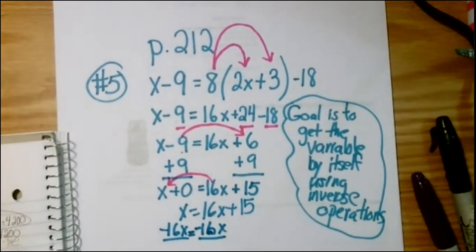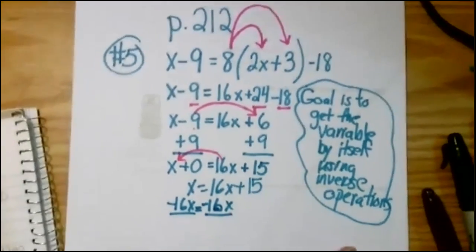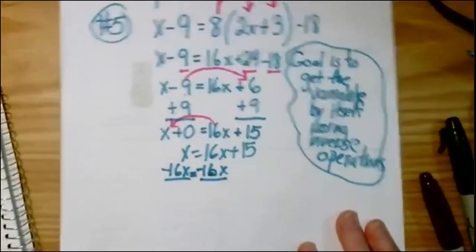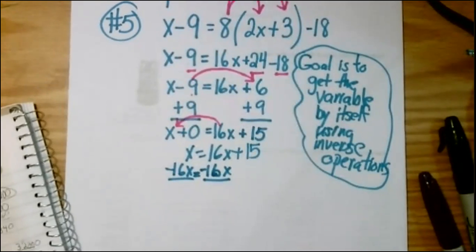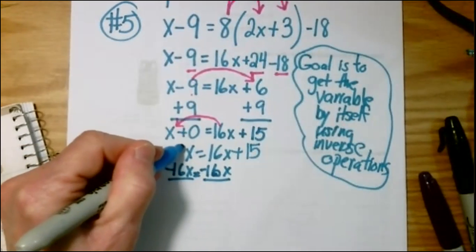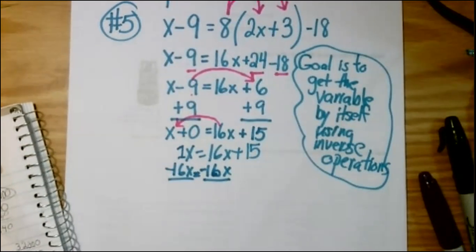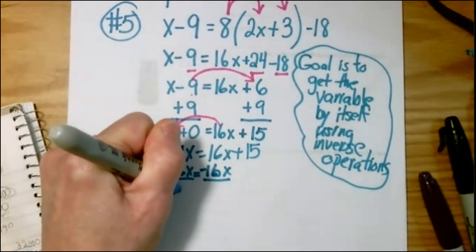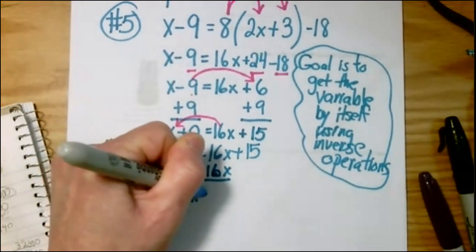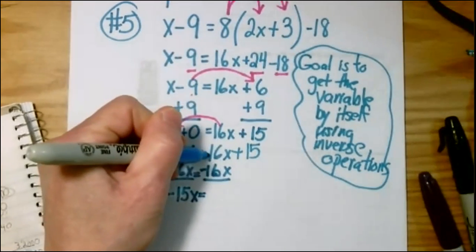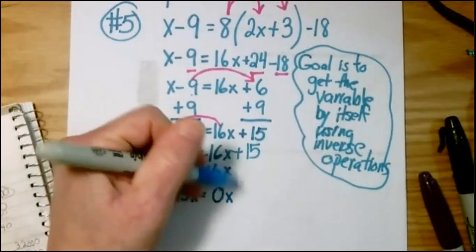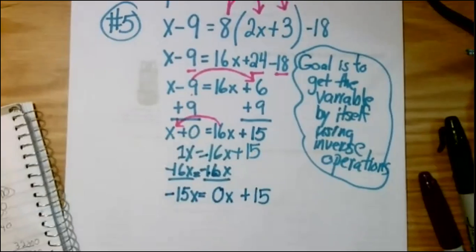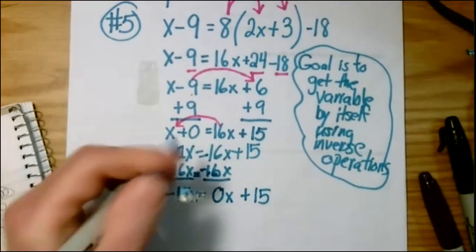Move this up a little bit so you can see that. So now we have 1, we'll put a 1 in front of there, 1x minus 16x should give us negative 15x equals, well, the 16 positive and the 16 negative is just going to be 0x, and we still have our 15. I'm going to drop the 0x.